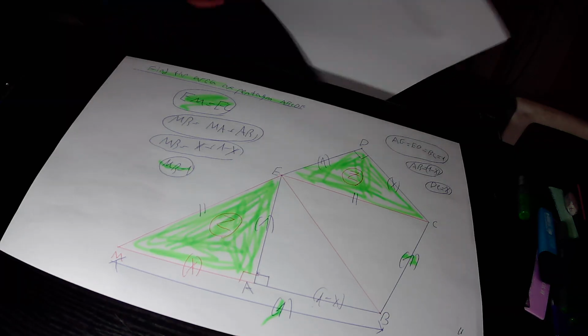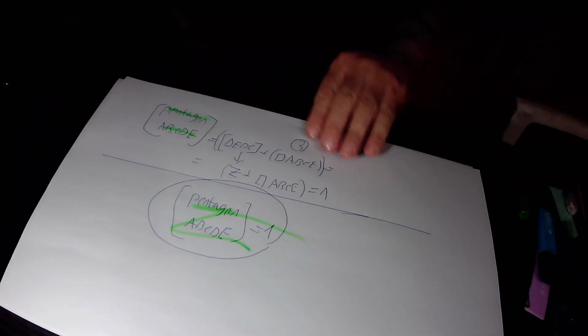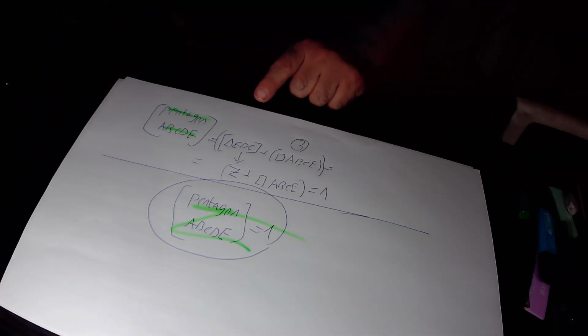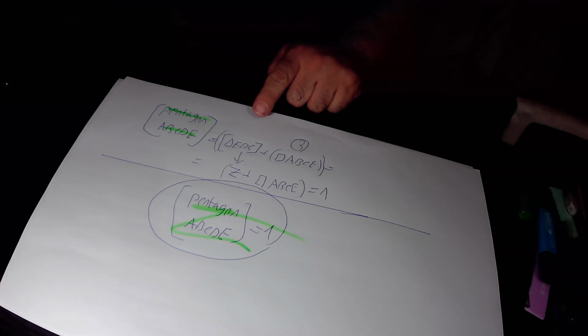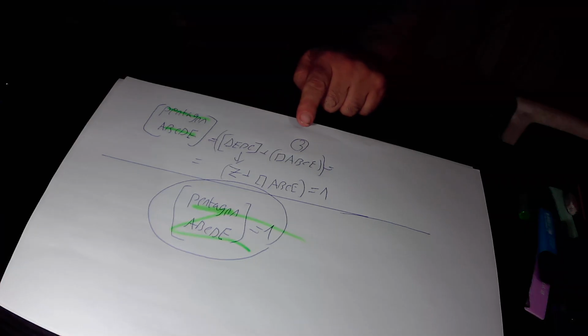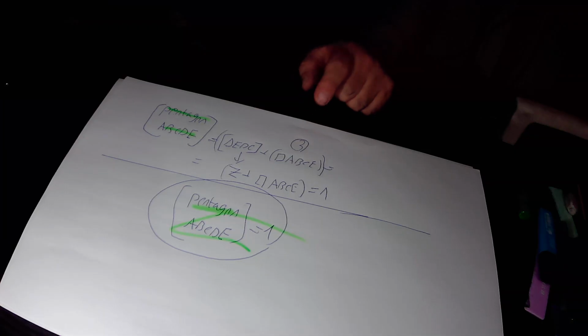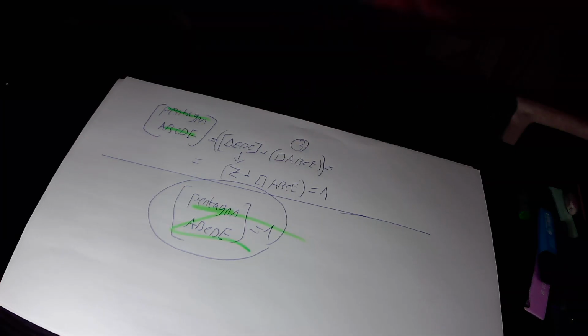And again, the area of the big pentagon ABCDE must be equal to the sum of the areas of what it consists of. Pentagon ABCDE consists of the green triangle EDC and the quadrilateral ABCE. It consists only of those two components and no more.